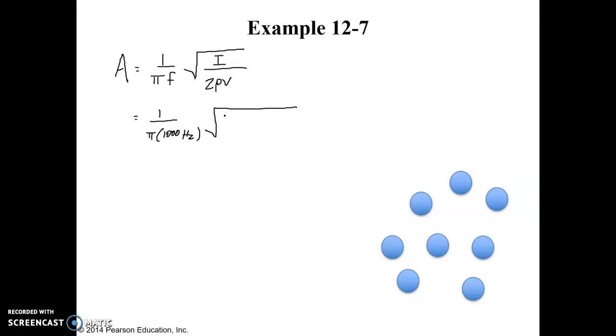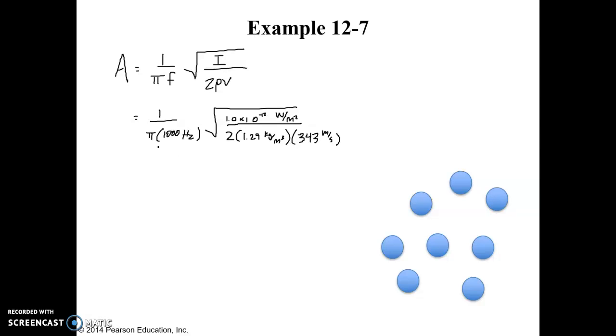We were told to find the amplitude at the threshold of human hearing. That's 1.0 times 10 to the negative 12th watts per meter squared, over 2 times the density of air, which is 1.29 kilograms per cubic meter, times the velocity of sound in air at room temperature, 343 meters per second.